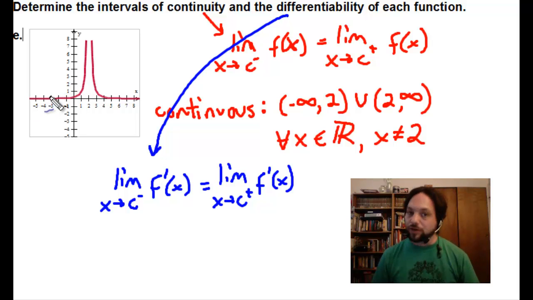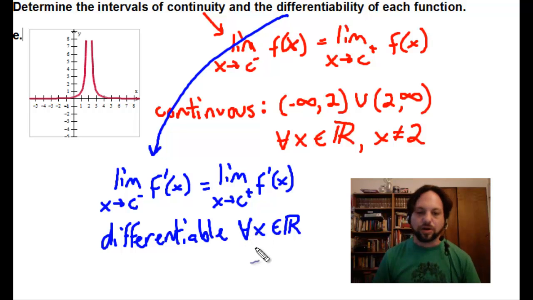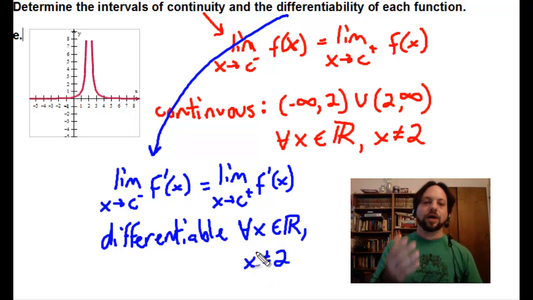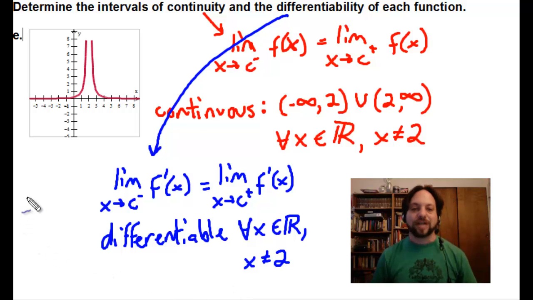Well, if you look carefully, there's really only one place in the graph that a tangent line fails to exist, and again, that is at the asymptote. So this function is differentiable, again, for all x's that are real numbers, except for where x equals 2. So in this particular example, the intervals of differentiability are the same as the intervals for continuity.